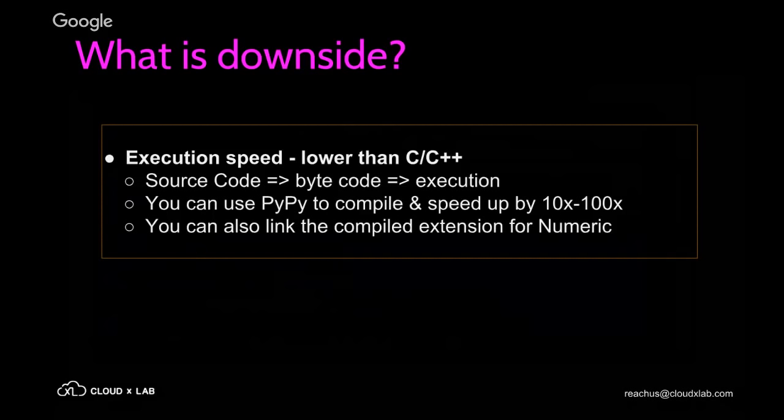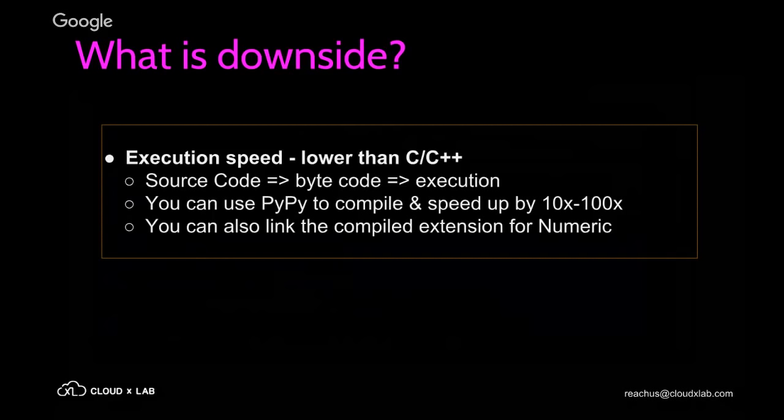Yes, execution speed is lower than C++ because here the source code gets converted into bytecodes and then gets executed. Though the good part is that Python comes with a compiler called PyPy, using which you can compile your Python code and it becomes faster.